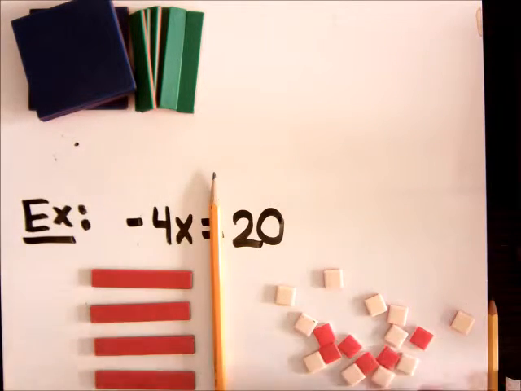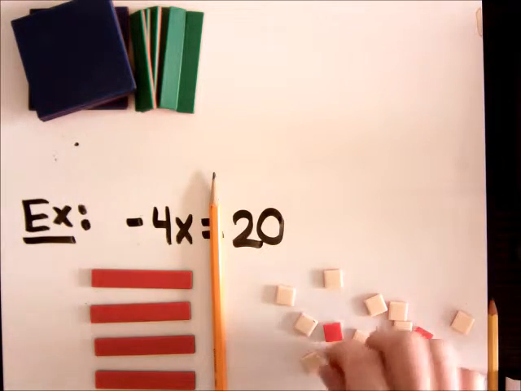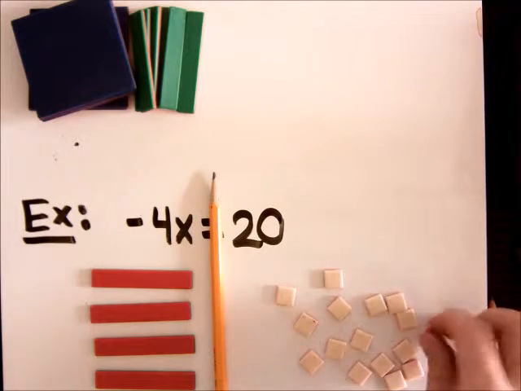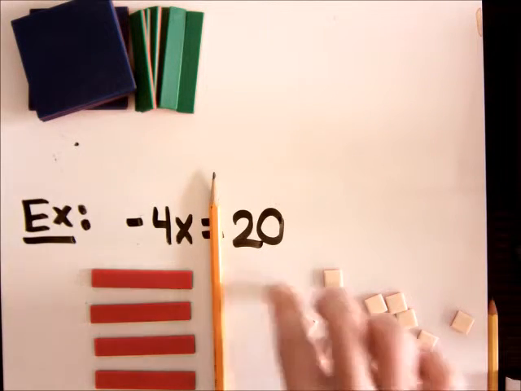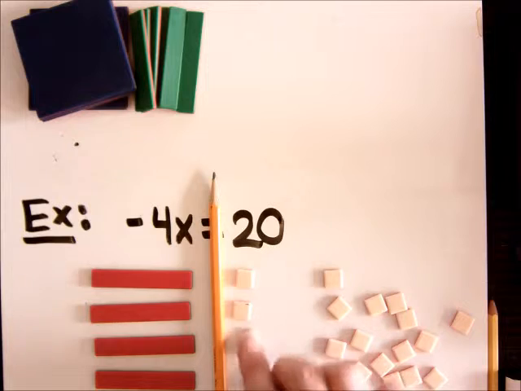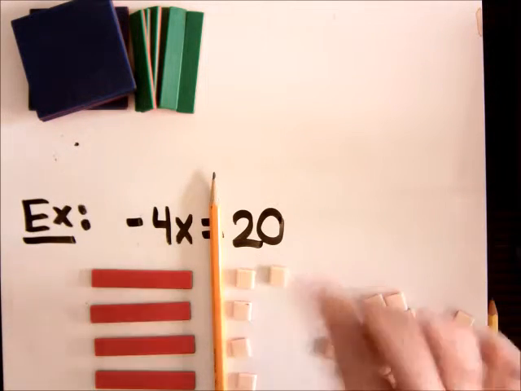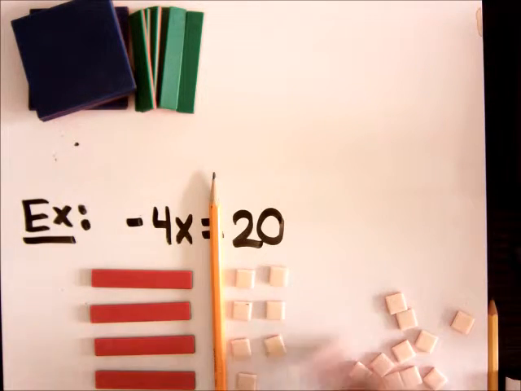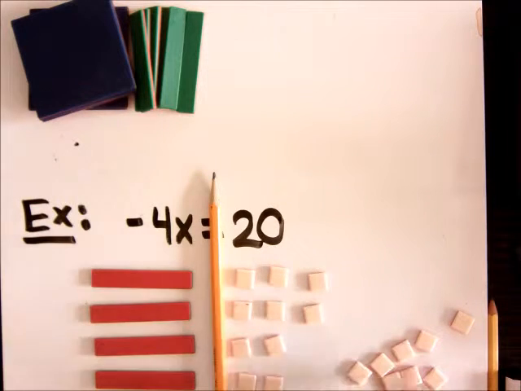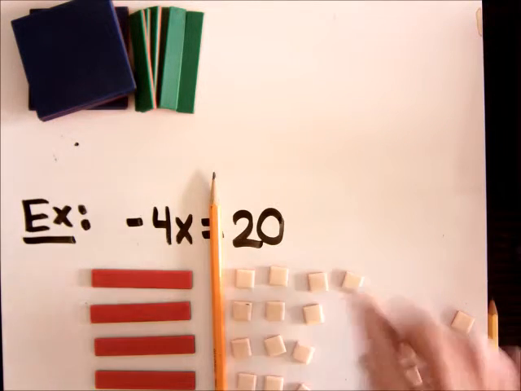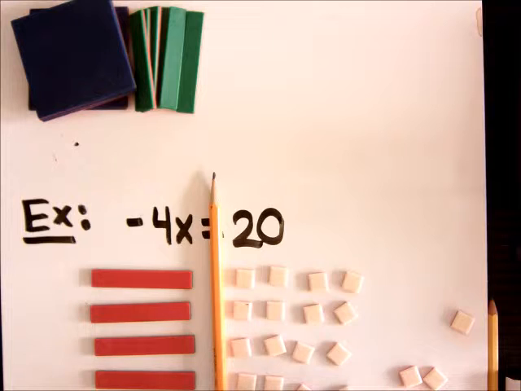White. All right, and we're going to start lining them up. One at a time until you fill each category, then start again. 1, 2, 3, 4.